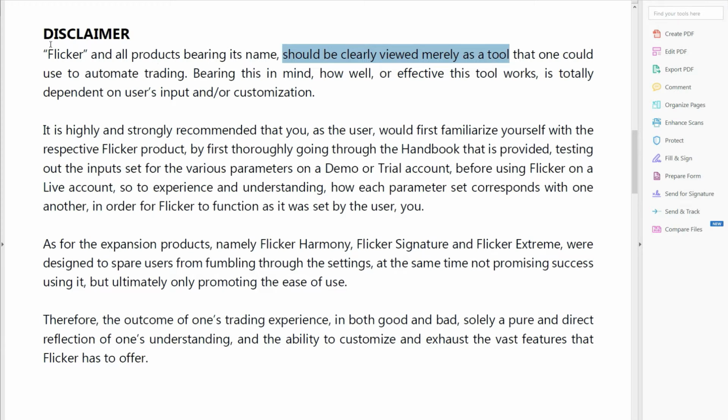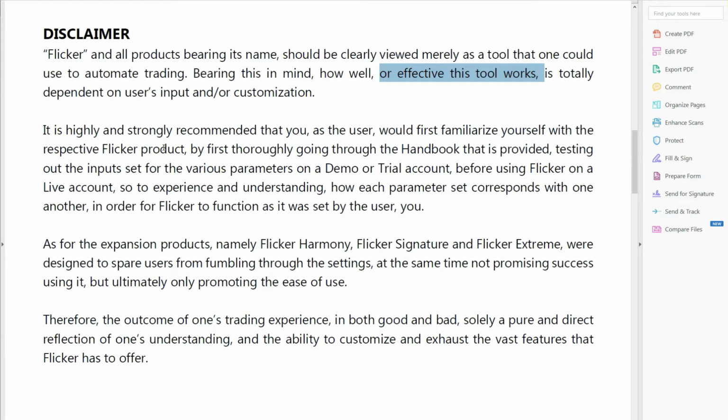Now, the disclaimer: Flickr and all products bearing its name should be clearly viewed merely as a tool that one could use to automate trading. Bearing this in mind, how well or effective this tool works is totally dependent on users' input and/or customization. It is highly and strongly recommended that you as a user first familiarize yourself with the respective Flickr product.